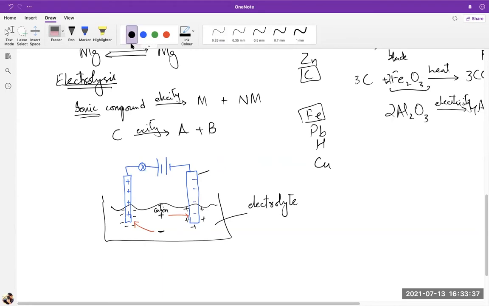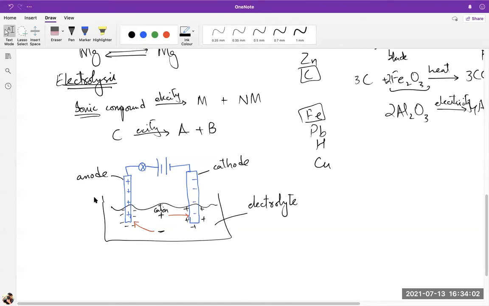Instead of calling it cation's electric rod, I will call it cathode. It is where the cation will come. This is the electric rod where the cation will come. Similarly, this one is the anion's electric rod, but again, that's too long. So I'll call it anode. This is where the negative thing will come.